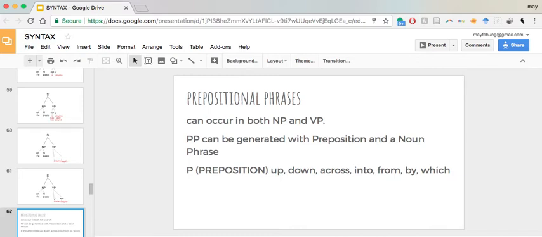You could also answer the sentence, the squirrel ran blank the tree. Up the tree, down the tree, across the tree, from the tree, right? So these would be your prepositions: up, down, across, into, from, by. And so if you have any questions about prepositions, it might be a good idea to just review and try to figure out what parts of speech are what.